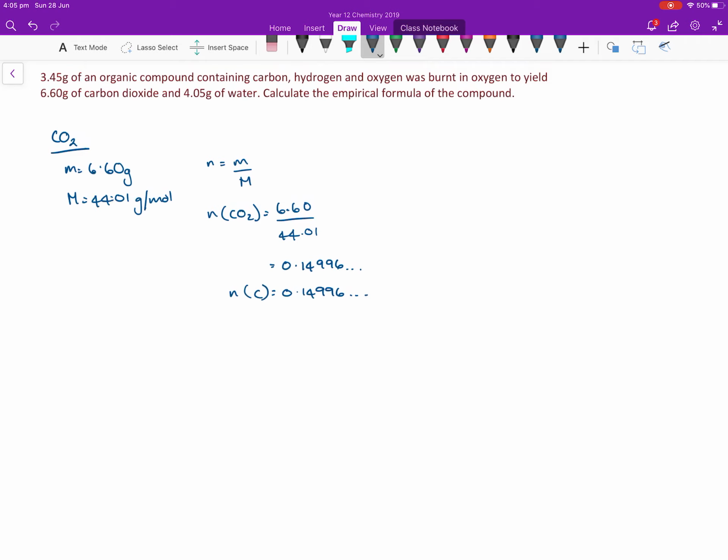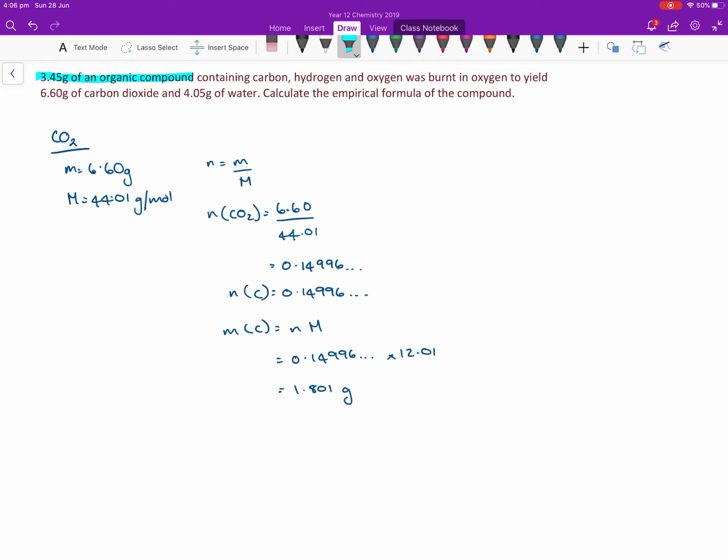So that's our moles of carbon. From that, we can work out our mass of carbon. So the mass of carbon will be moles times molar mass. So we've got 0.14996 times 12.01, which gives us 1.801 grams.